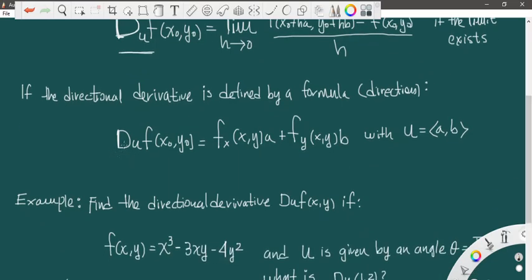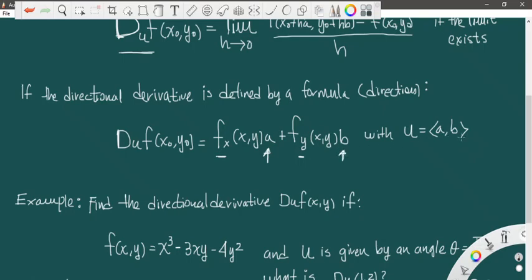We can have this capital D sub u f, which is the directional derivative of the function of x and y, is going to be equal to the partial derivative with respect to x times a plus the partial derivative with respect to y times b.